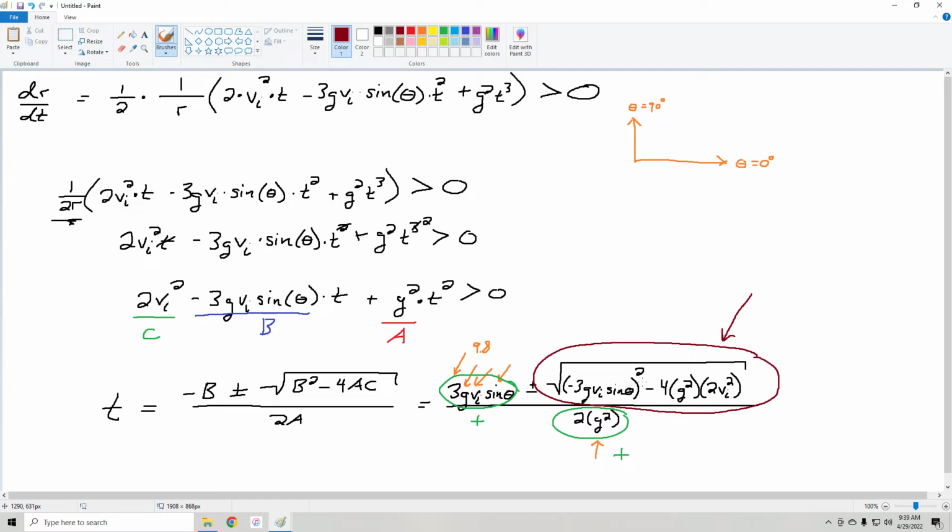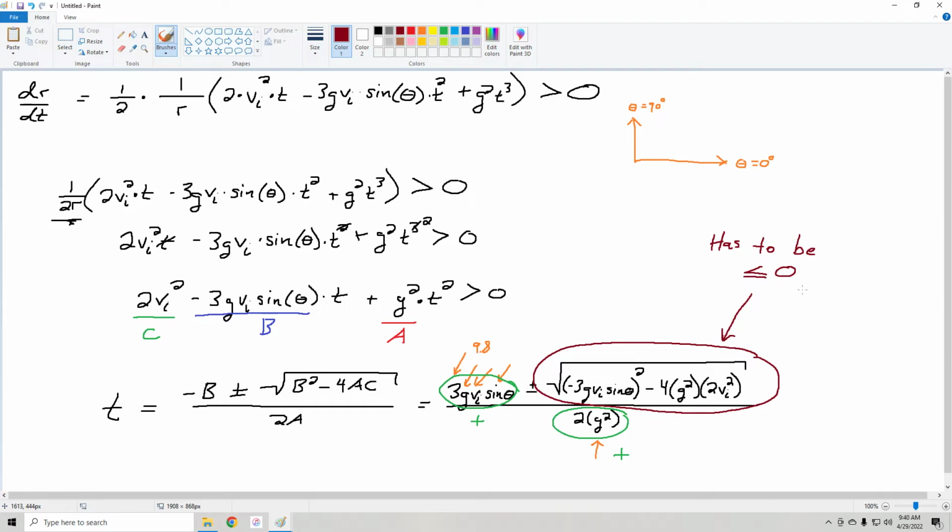The only way that you can take a positive number and subtract another value off of it and make it continually increase is if the discriminant is less than or equal to 0. It has to be. If it's not, then there's no way that it can be continually increasing, because that would mean that you might potentially get a negative time for this quadratic expression, which would mean that the distance is not always increasing in the way that we want it.